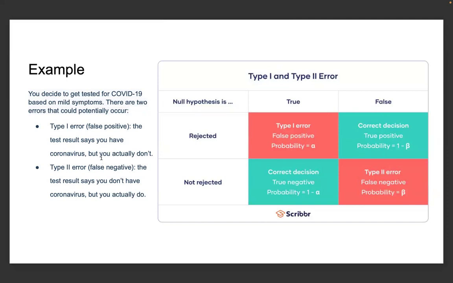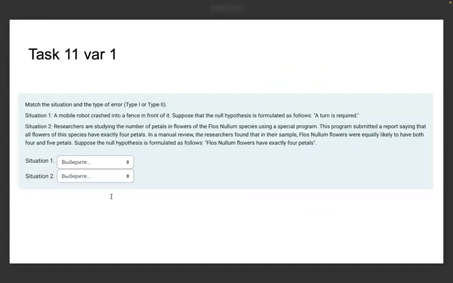And the second type error is the test says you don't have coronavirus, but you actually do. So the test had to say that you have coronavirus, but the test said otherwise. So let's move to the first exercise.